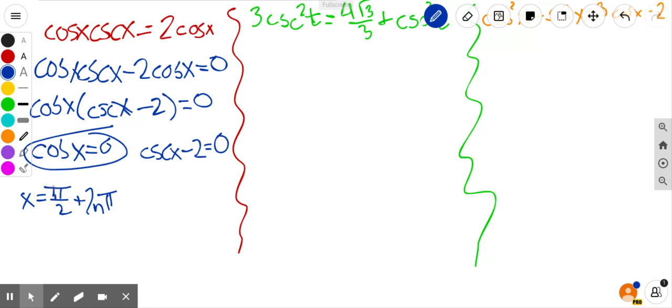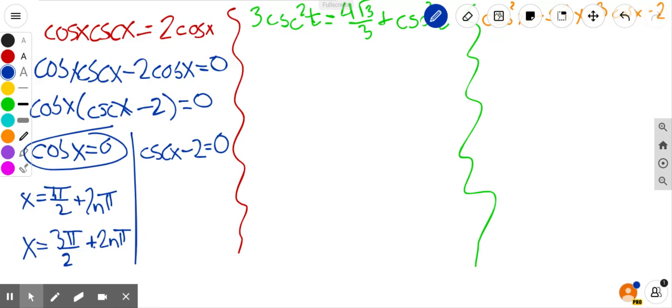But pi over 2 is not the only principal angle where cosine of x will equal 0. I also should remember that cosine of x is equal to 0 at 3 pi over 2, then plus 2n pi. Right? So that's the answer for just this part of the problem.